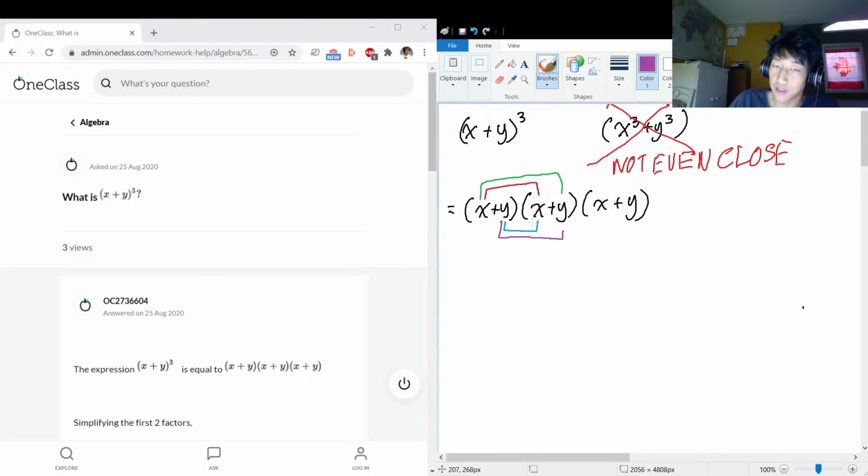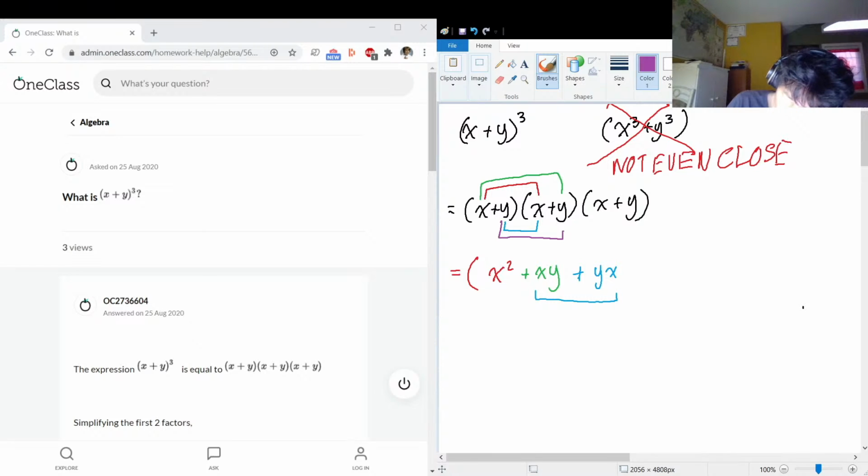Now keep in mind we're basically going to add up all of the possibilities that they can multiply together: first and second, first and first, second and first, second and second. Sounds good? Cool. So let's write that out on the next line. The red one is x squared. The next one was green, so that's plus xy. The next one was blue, so that's plus yx, which is the same as xy, so we can add these two together.